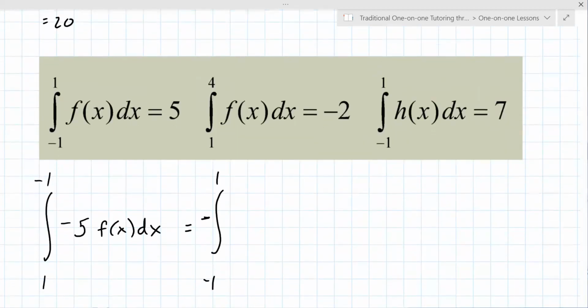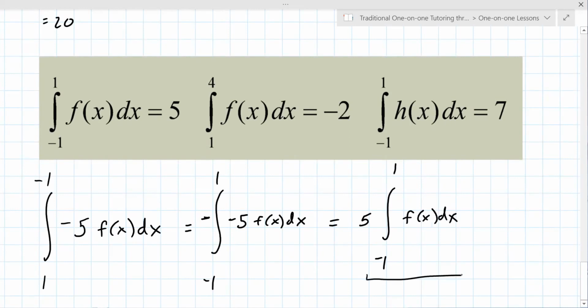And then you still have this -5 f of x dx. So now you can bring that -5 out, and it becomes 5 integral -1 to 1 f of x dx. So your instructor wants to see that you get it back to something that's given. Okay. I see. So then you'd say, oh, it's 5 times 5, Mr. Instructor, it's 25. Okay.